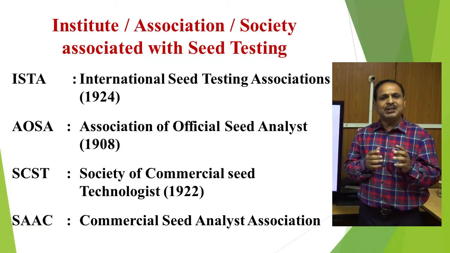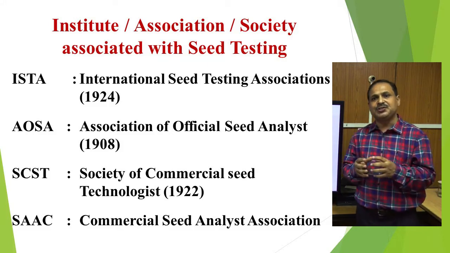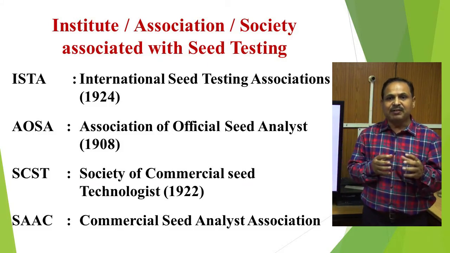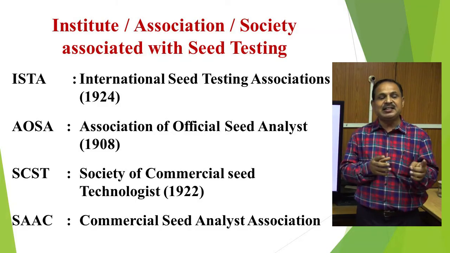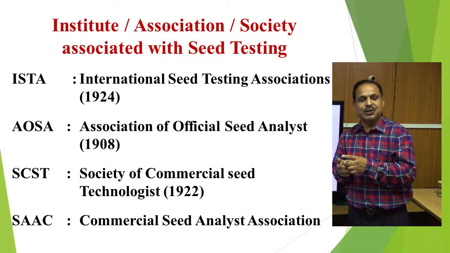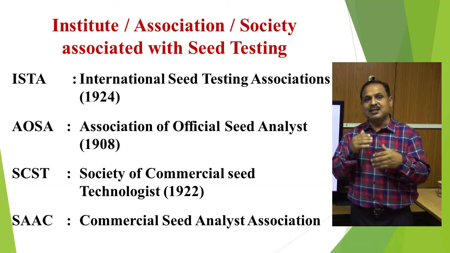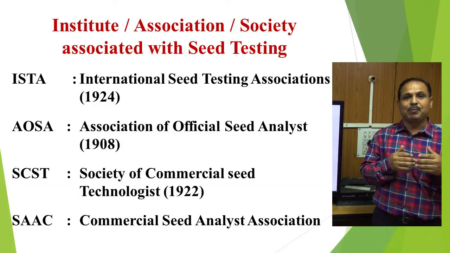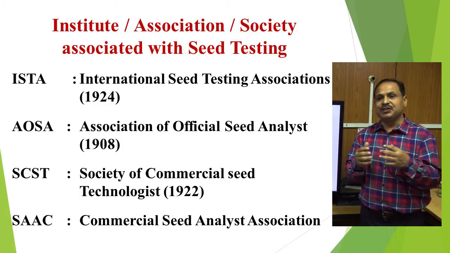There are some institutes which are very much related to seed testing procedures and guidelines. First and foremost is ISTA, the International Seed Testing Association, which was established in the year 1924, and from time to time it provides the guidelines for different testing of the seeds.